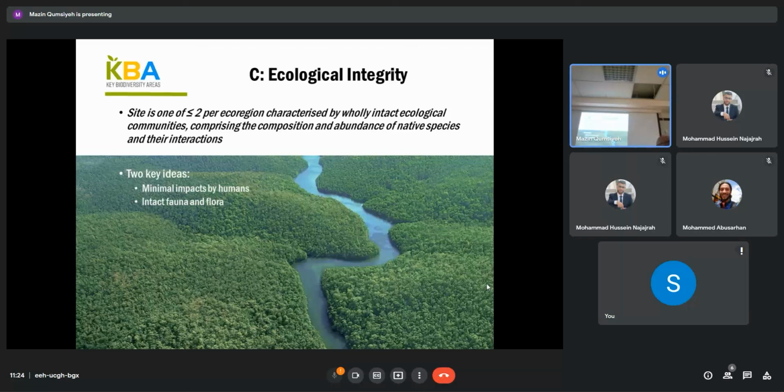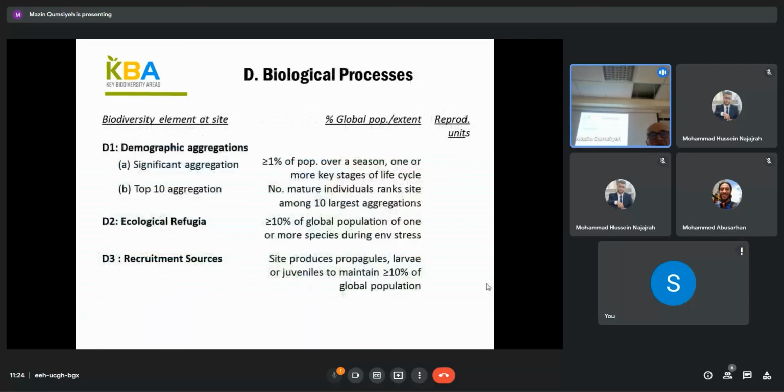Even in the sea, this applies also for regions in the sea, the Caribbean, like everywhere. So I'm not sure that there are sites with ecological integrity anywhere in the Med. So this criterion is very difficult to apply or to use. Biological process is also very complicated.